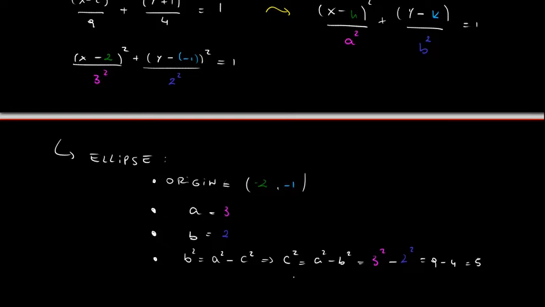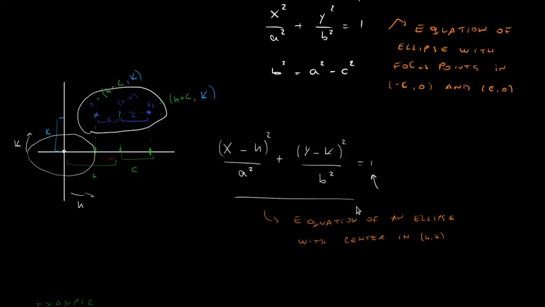So then c is the square root of 5. And now when we go back to the plot, we had that the focus points were in (h plus c, k) and (h minus c, k).